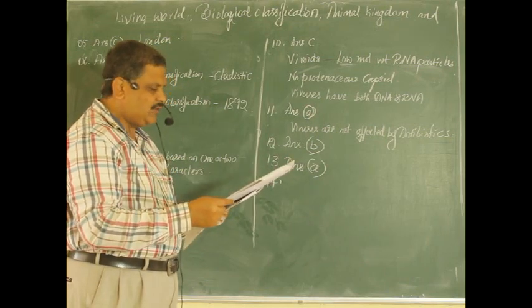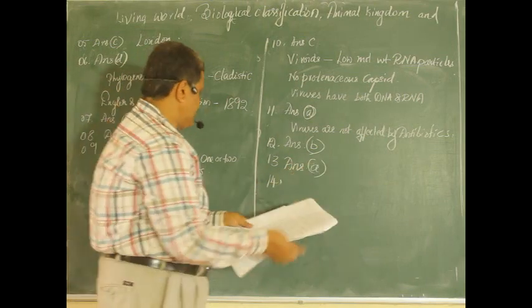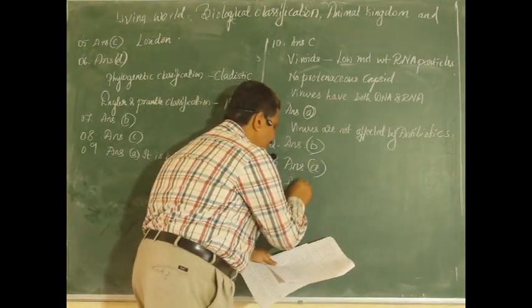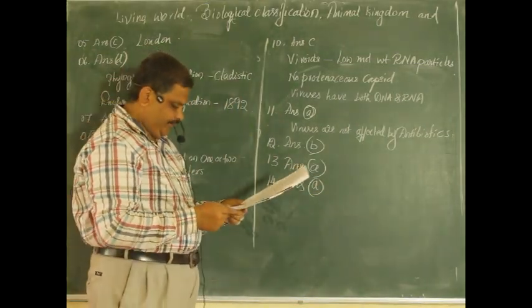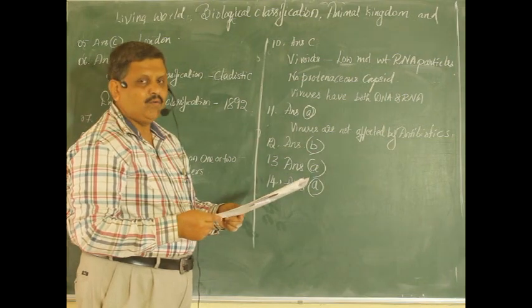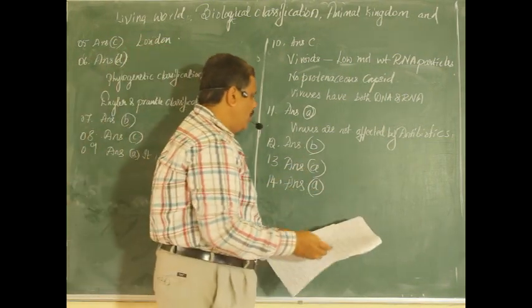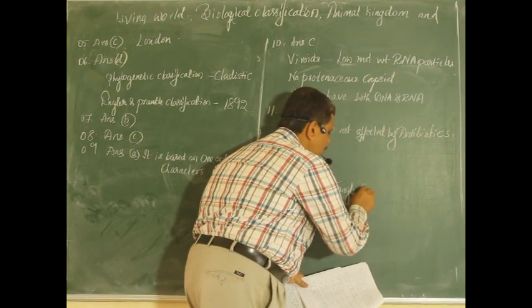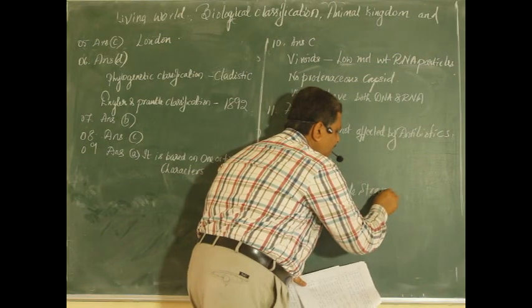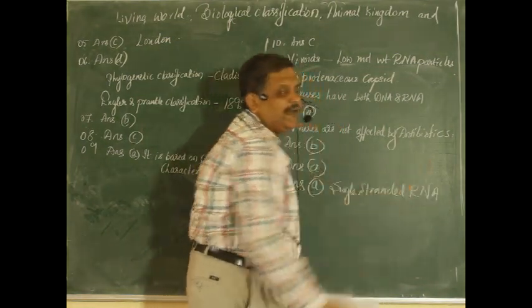So, the answer is TMV, tobacco mosaic virus, option A. SS means what? I think most of you know. Single-stranded RNA. That is SS.